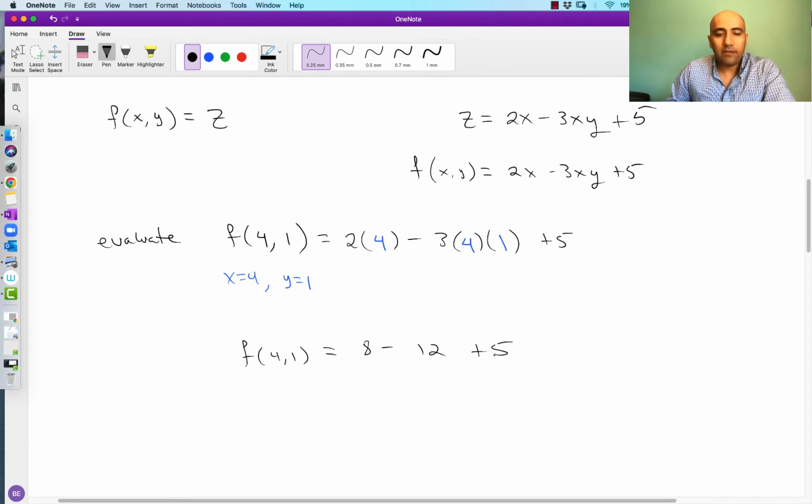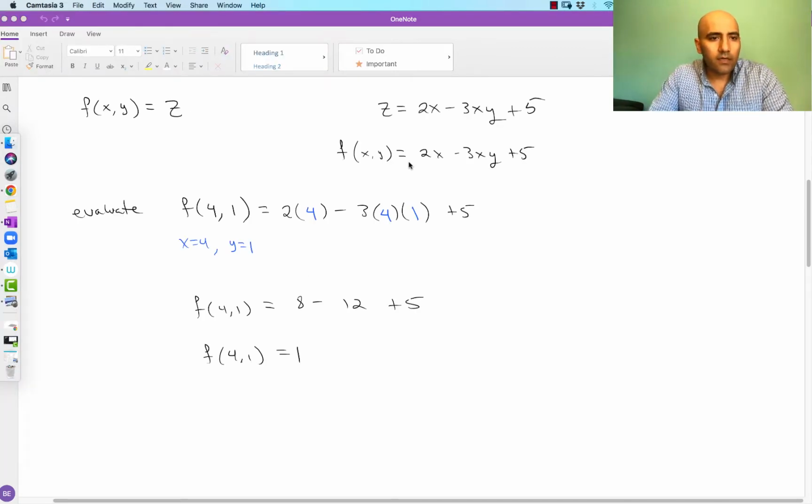So 8 plus 5 is 13, minus 12 equals 1. So f of 4 comma 1 equals 1. Right? Pretty easy, I think. It's just evaluating equations. You just have to pay attention to the independent variables, the dependent variable, and I hope these kinds of questions shouldn't be a problem at all.